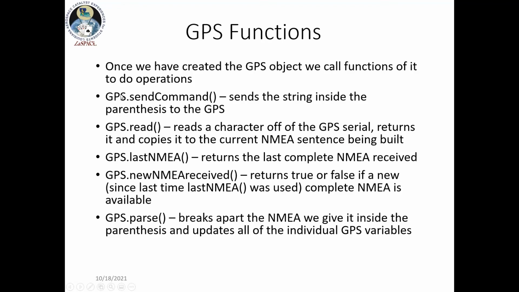I could have more than one GPS, I would need to give them different names, and then I would call GPS1 send command or GPS2 send command. In this case, I just have one, so it's going to run this send command function on our GPS object.